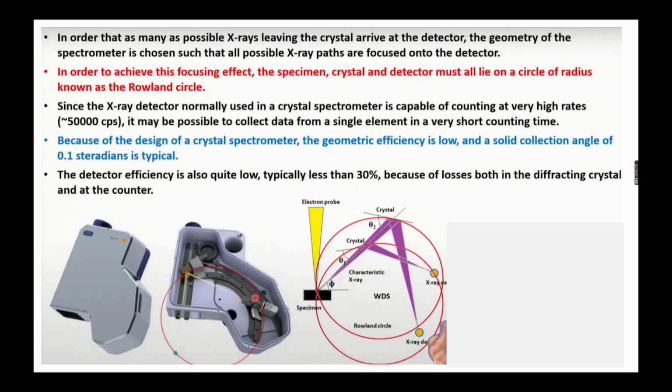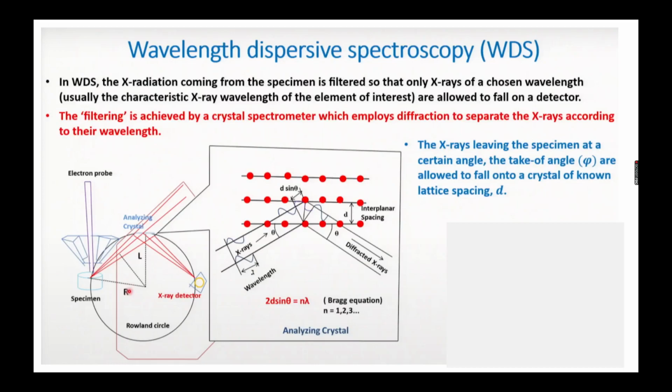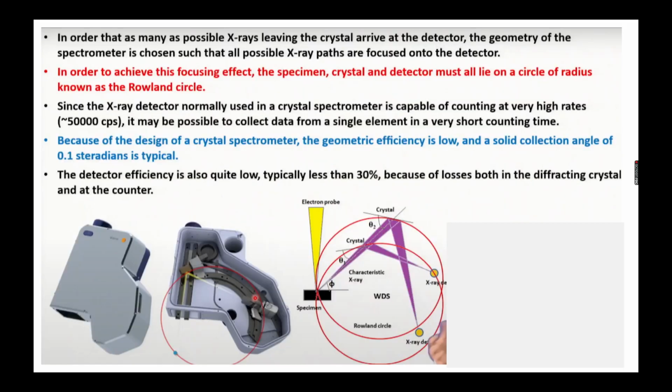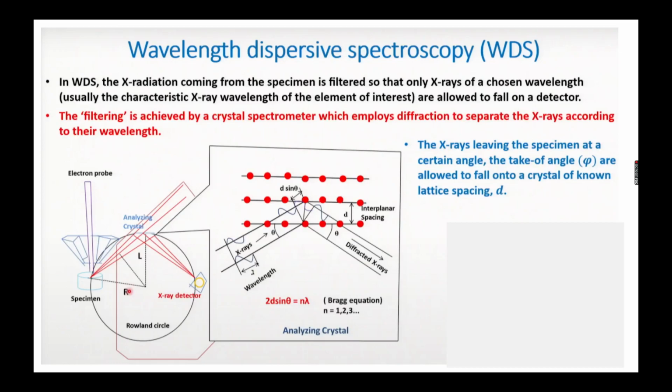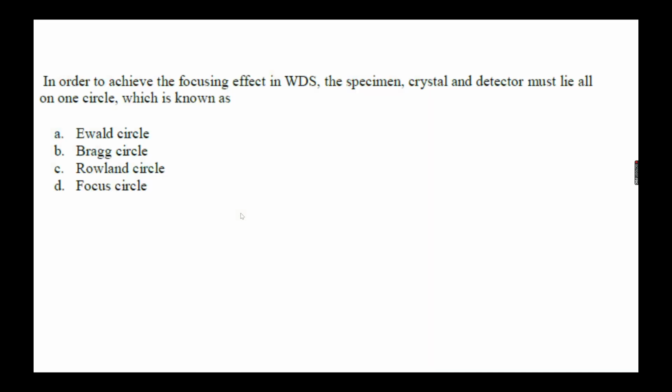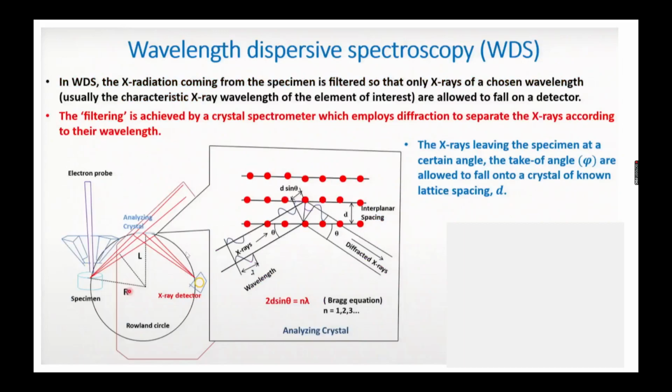We want as much signal as possible to be detected by the detector. So this is your specimen, this is your detector, and here is your crystal.